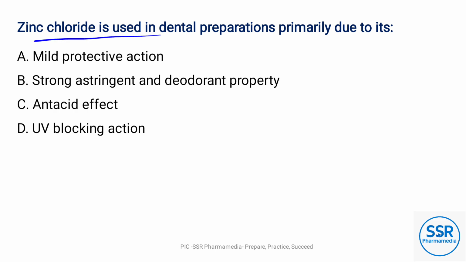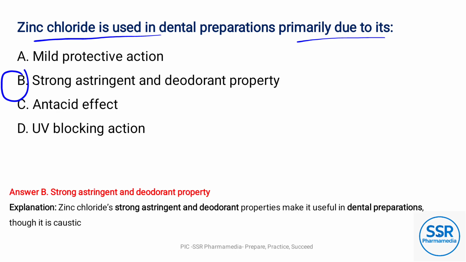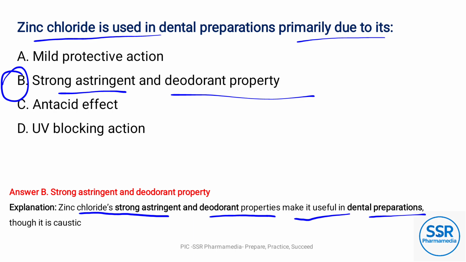Zinc chloride is used in dental preparations primarily due to its, option B, strong astringent and deodorant property. Its strong astringent and deodorant properties make it useful in dental preparations, though it is caustic.